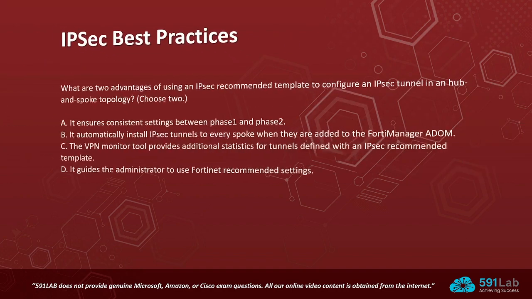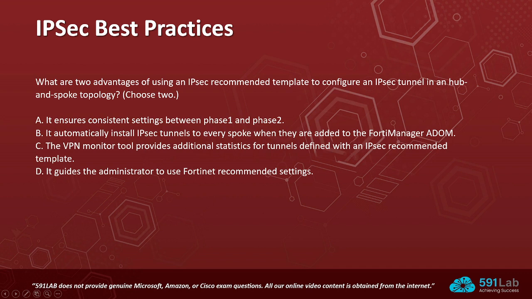And for the next one, we have the IPsec best practice. What are the advantages of using an IPsec recommended template to configure an IPsec tunnel in a hub and spoke topology? We have to take two answers, as we can see there. Option A says it ensures consistent settings between phase 1 and phase 2.